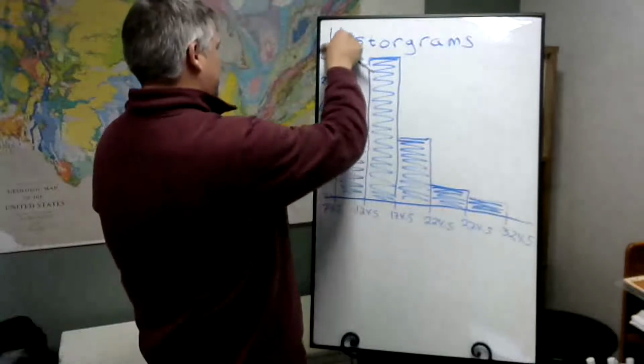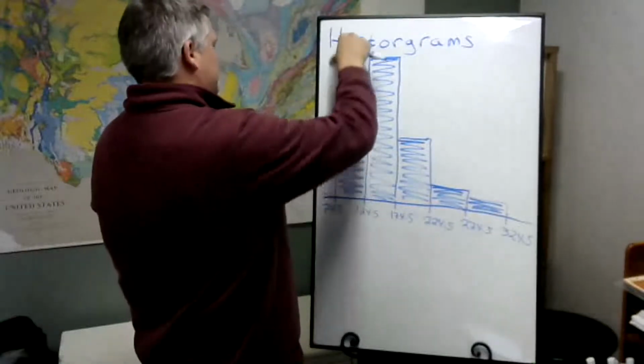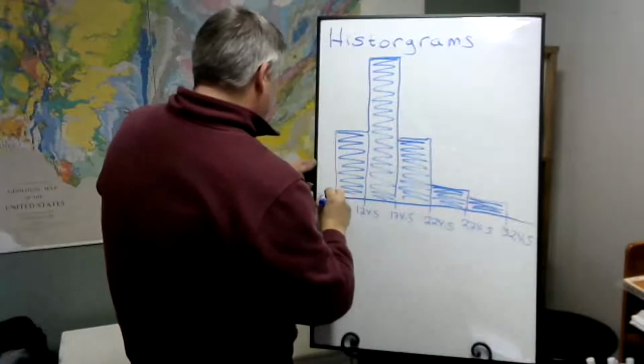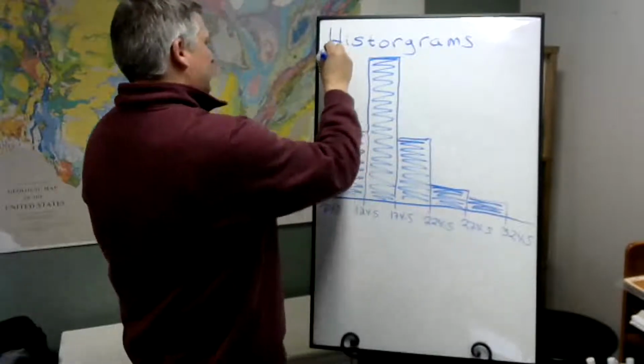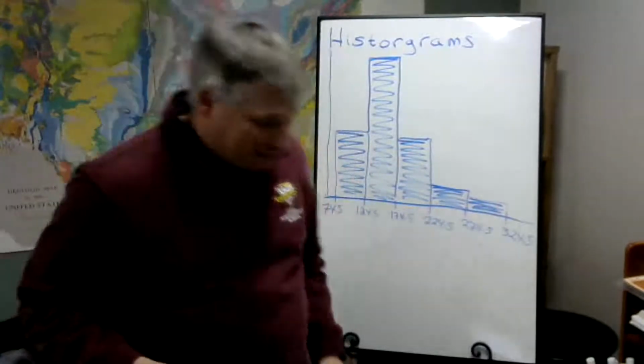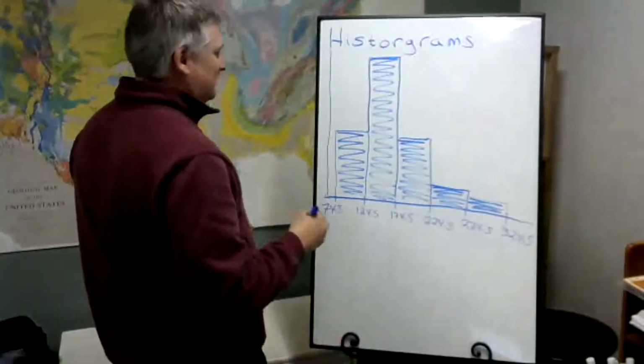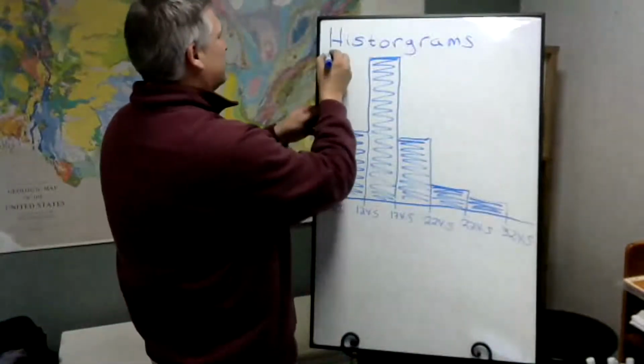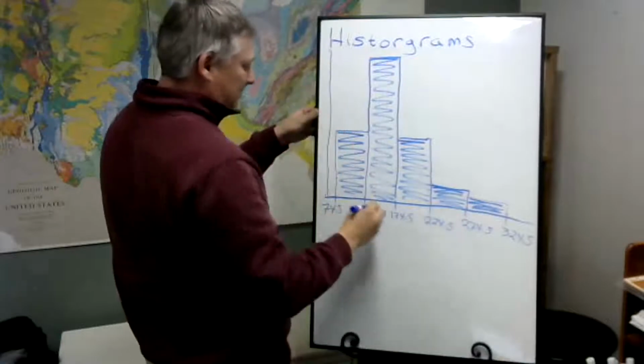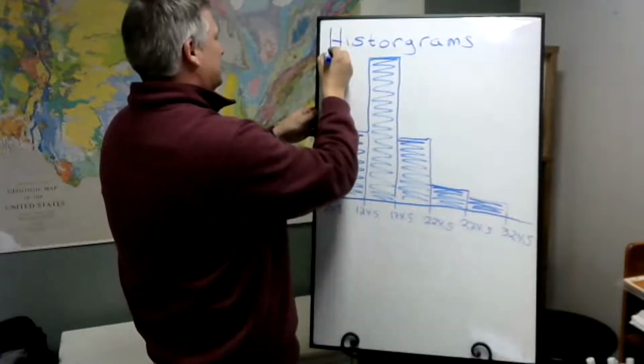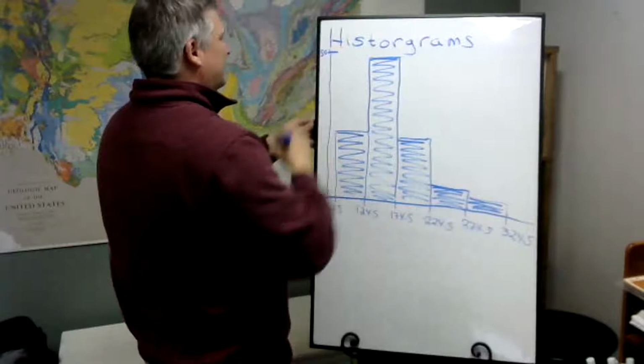Here, I'm going to use relative frequencies. The key thing is the relative frequency histogram looks the same as the other histogram. This is going to be a little tricky here. So this turned out to be 48%, so I'm going to put 50% up here.